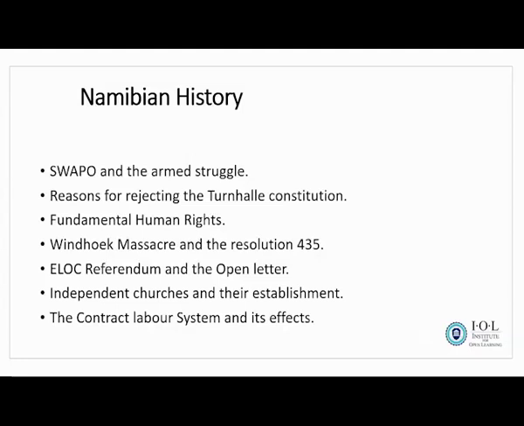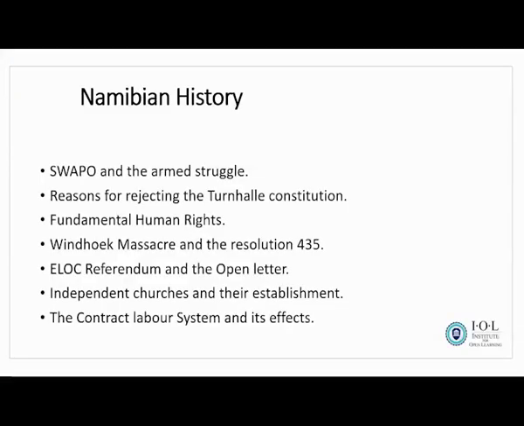And the next thing you should know is the independent churches. They were called independent churches because they stood independently from the mission churches. So these churches came out of mission churches.